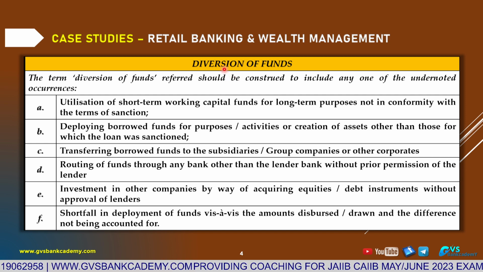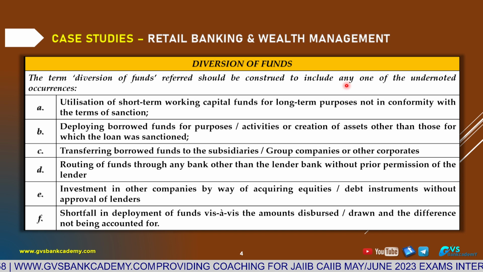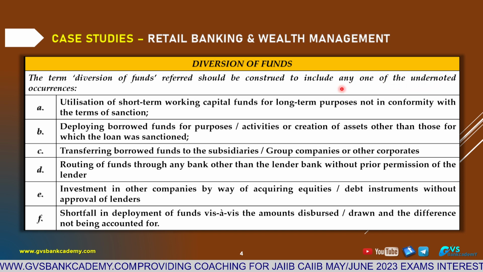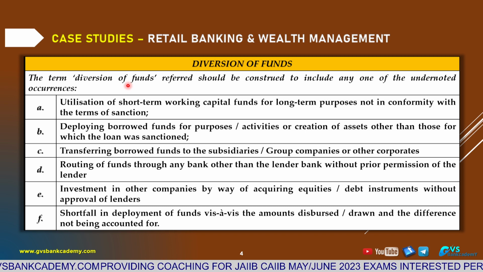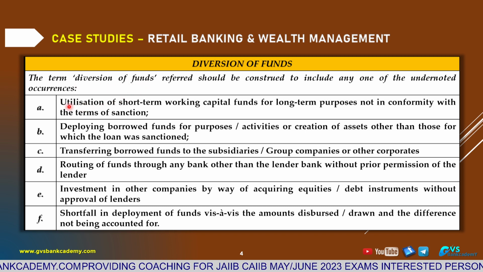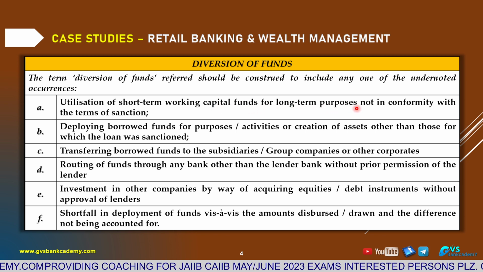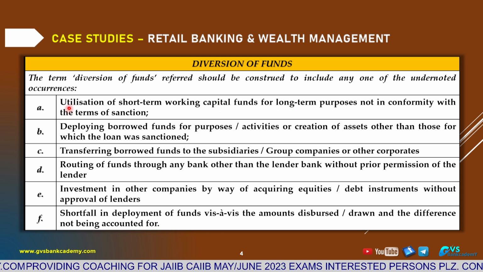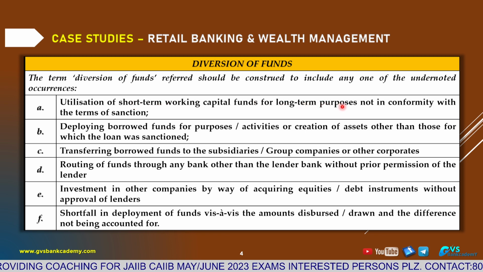Diversion of funds. The term diversion of funds should be considered to include the following occurrences. What are the reasons termed as diversion of funds? A. Utilization of short-term working capital funds for long-term purposes, which was not in conformity with the terms of sanction.